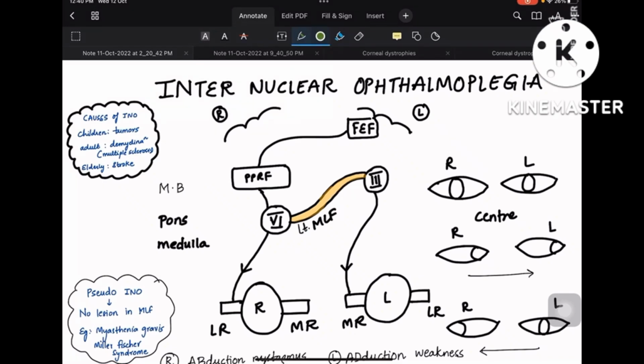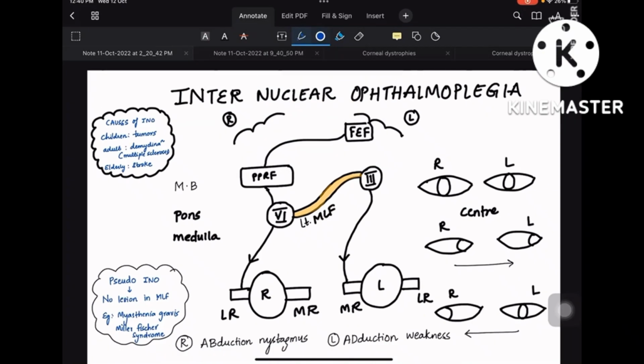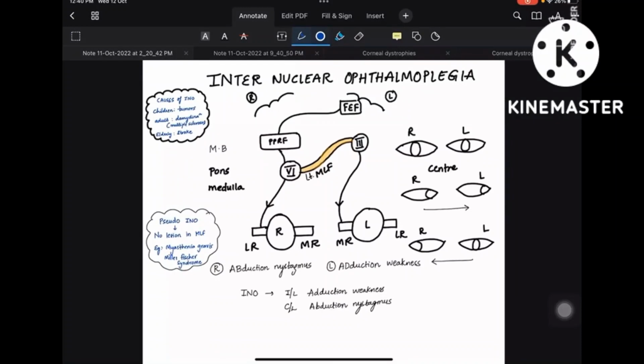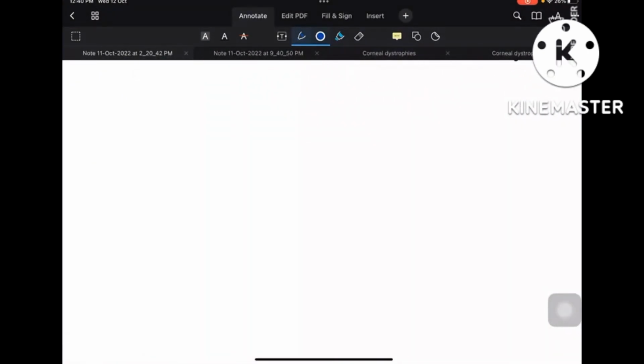Firstly, I'll try to explain the frontal eye field, PPRF, MLF, lateral rectus, medial rectus, the pathway of movement of eyeballs. So let me draw a simple diagram for you here.